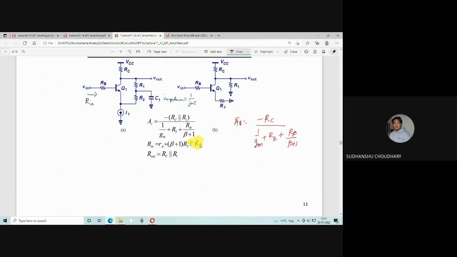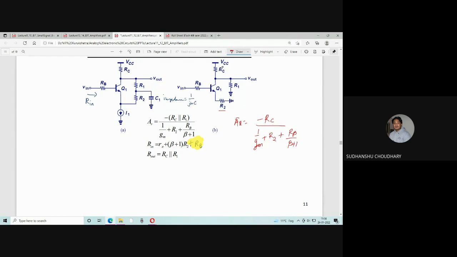Now here, what modifications do I have to make? This R2 actually represents RE, so instead of RE, I'll write R2. Towards the collector side, I should have R1 also in parallel with RC, right?